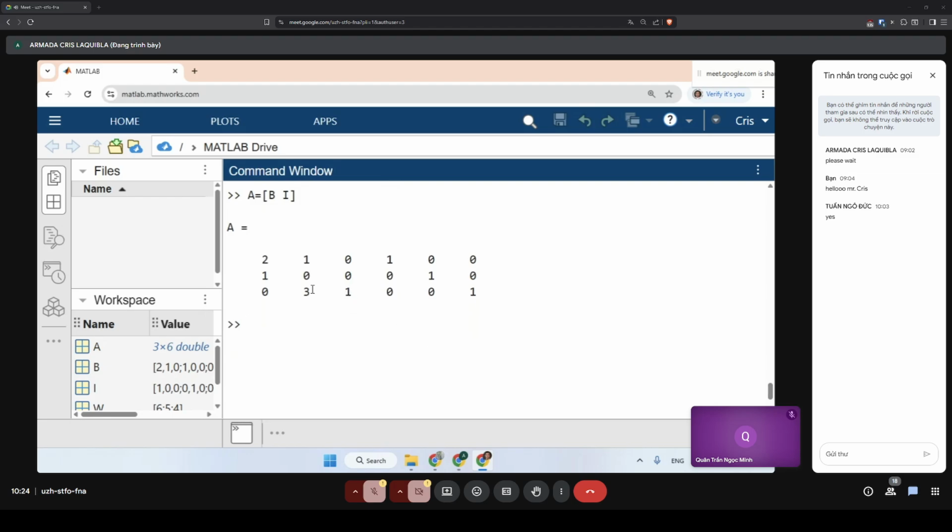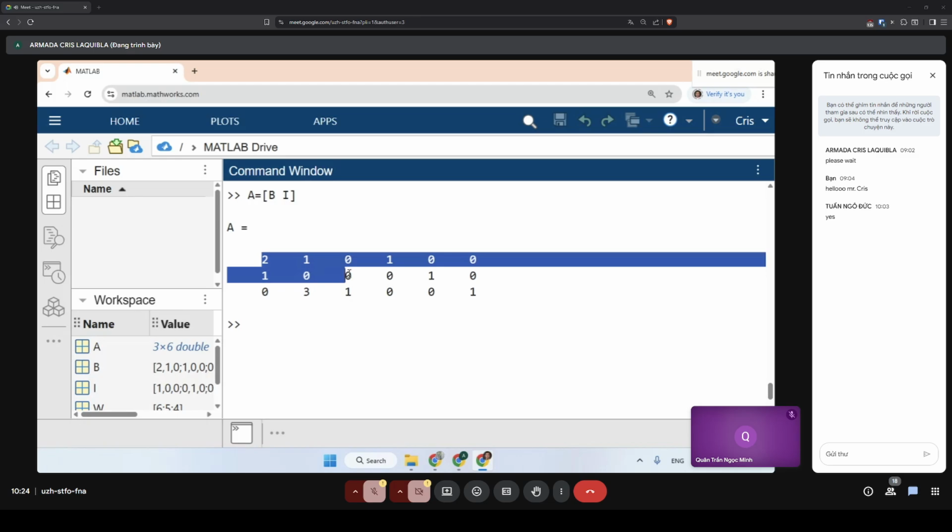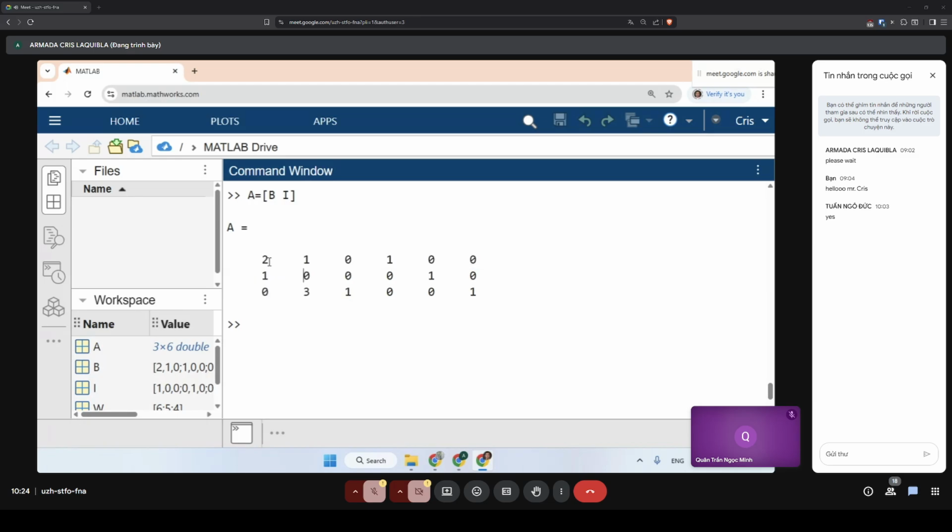So to get the inverse, class, what to do, you make the first three columns be equal to your I3, and the numbers at the other side are now the inverse of your B. Okay, so to get that, we use another variable C, then RREF of your A. This is now your B inverse.